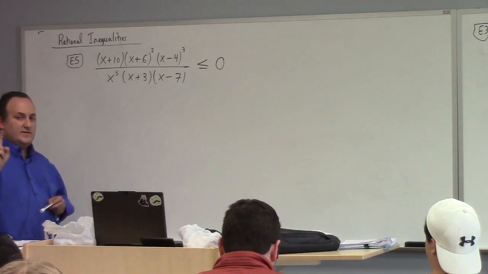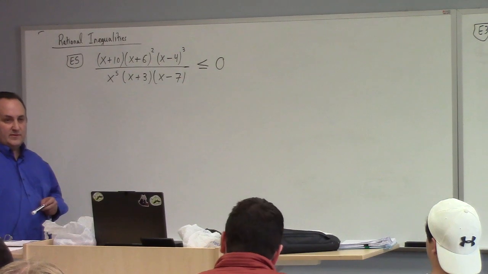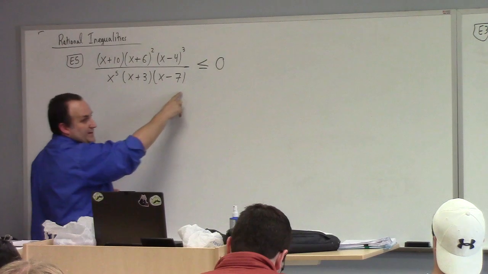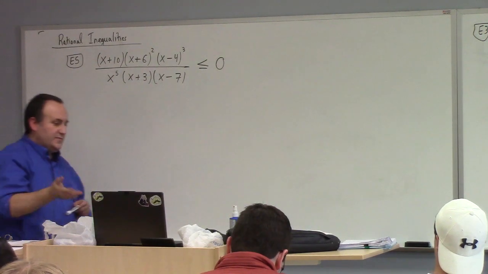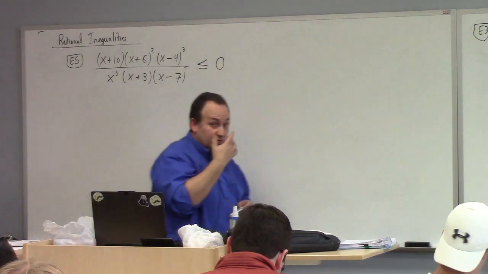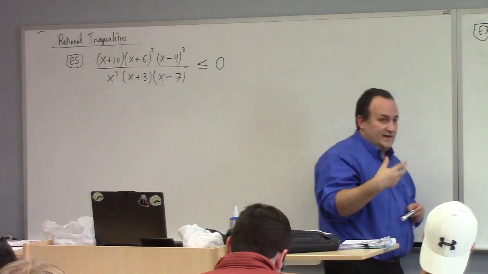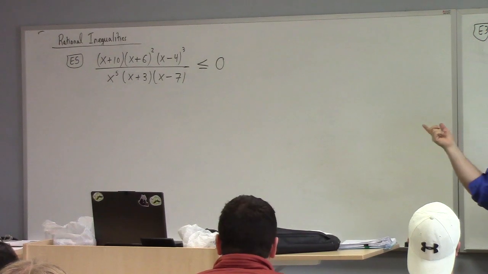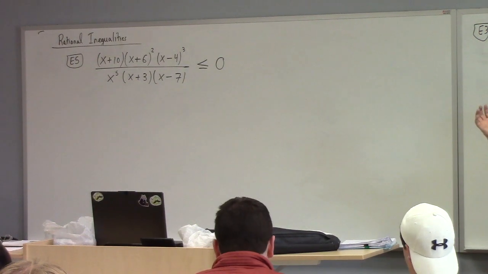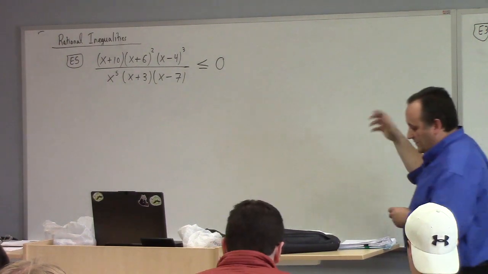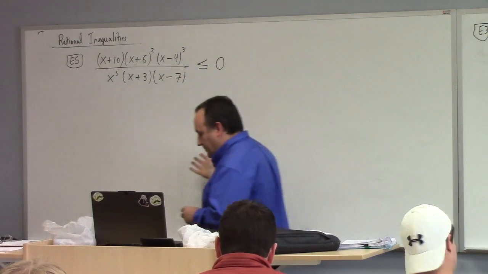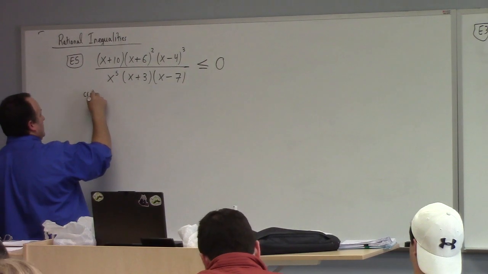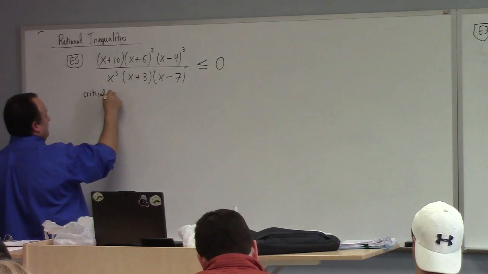Now critical numbers come in two varieties: the critical numbers for the numerator and the critical numbers for the denominator. Critical numbers for the denominator are outside the domain of the expression. We simply cannot evaluate at those numbers because it would give division by 0. Critical numbers for the numerator, that's fine. It just makes the fraction 0. So if you plug a 0 into the top of a fraction, it just gives you 0. That's fine. So for critical numbers, it's important to list them in order, right?